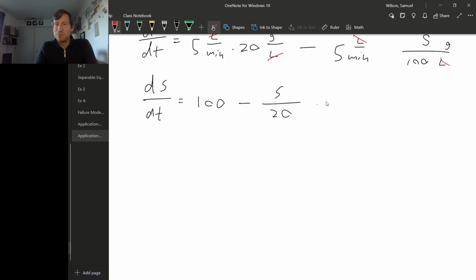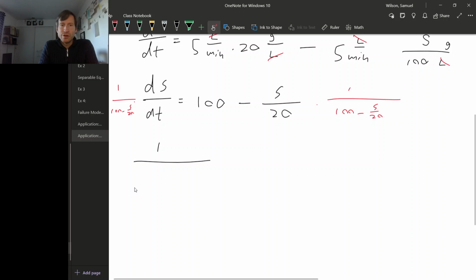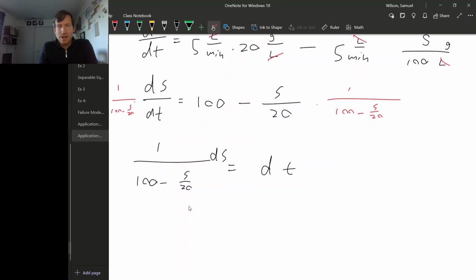Let's just divide both sides by 100 minus s over 20. So we get 1 over 100 minus s over 20 equals dt. Oops, I missed my ds on the left-hand side.